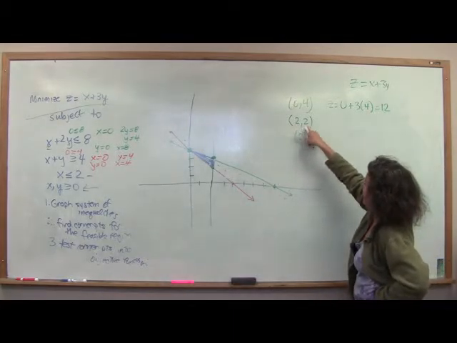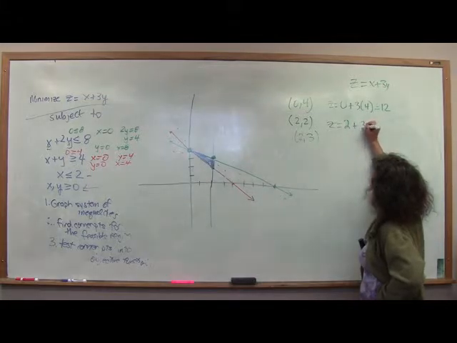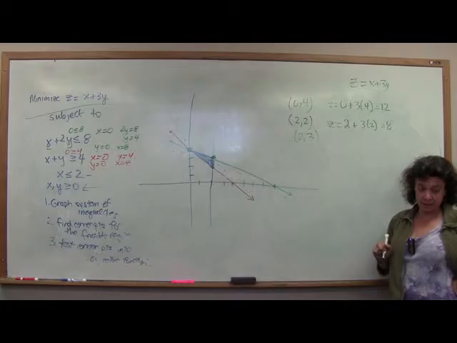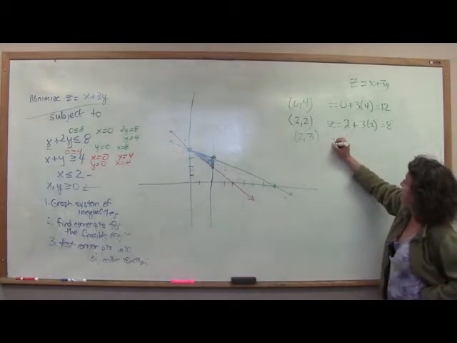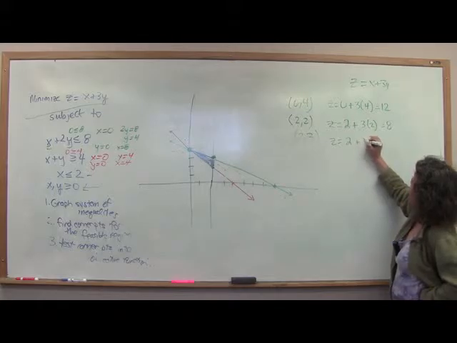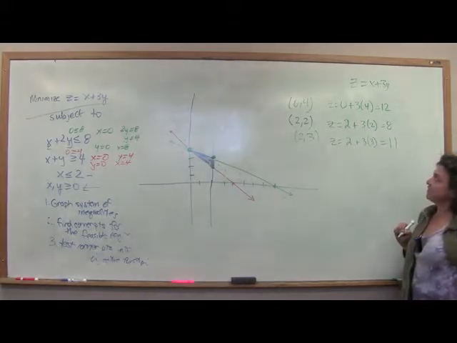If I plug in x equals 2 and y equals 2, I have 2 plus 3 times 2, which is 8. And here, if I plug in 2, 3, I have 2 plus 3 times 3, which is going to give me 11.